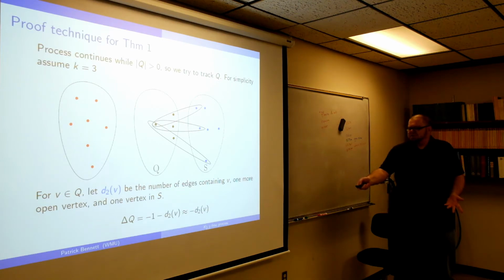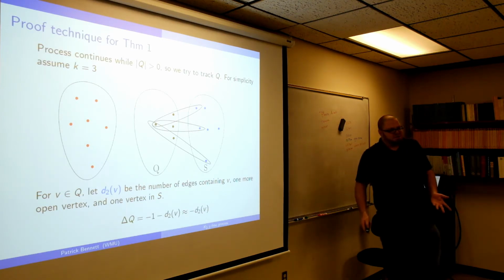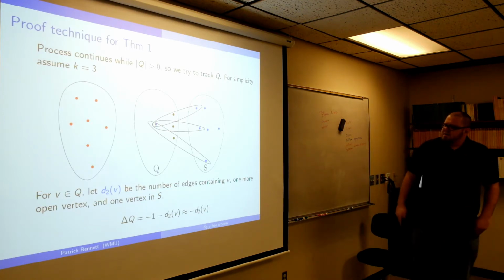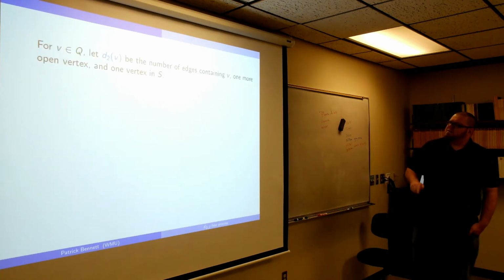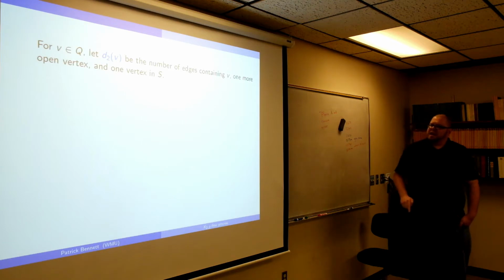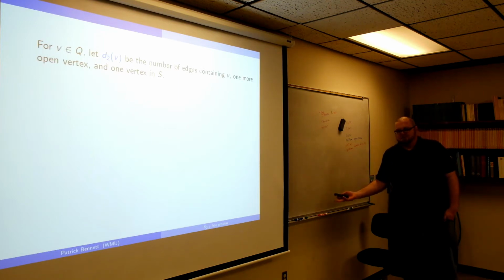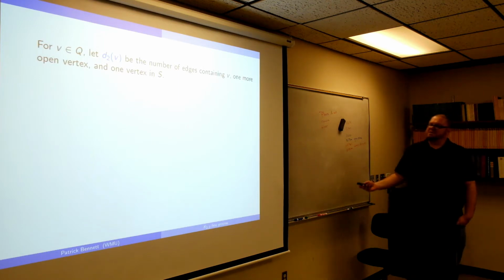And we do that simply because we're interested in tracking q, and that tells us how much q changes in a step. Well, okay, so now this sort of snowballs, right? We were initially interested in q, and that sort of forced us to be interested in this other variable d2.